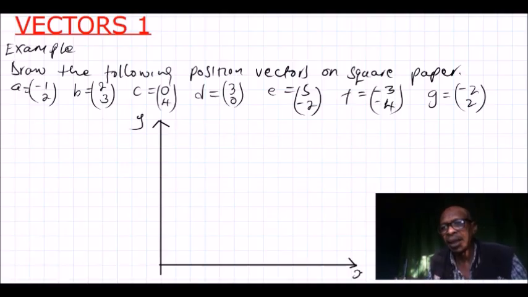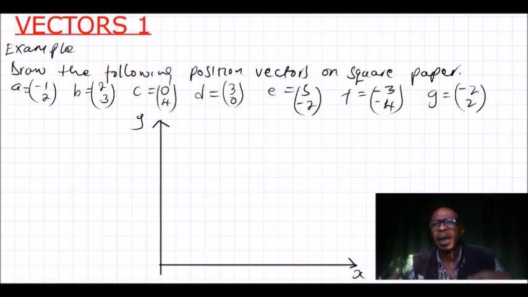Now once you have that, we can label. I think we need, let me change that.